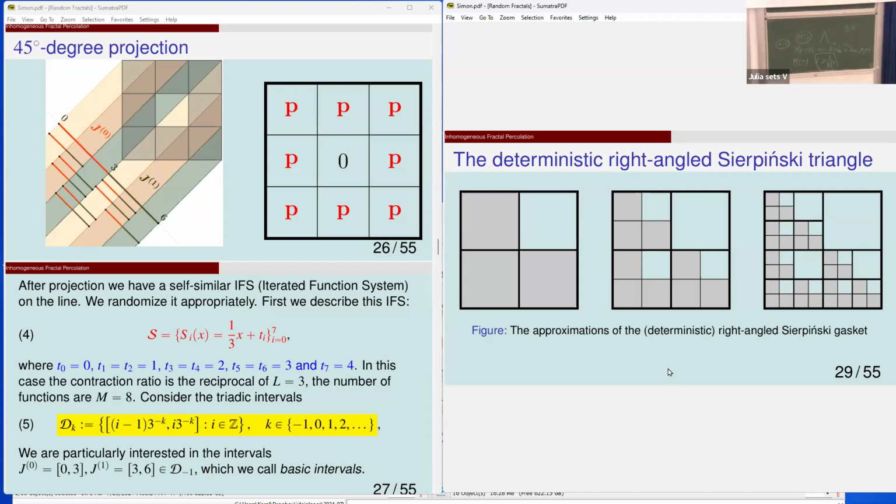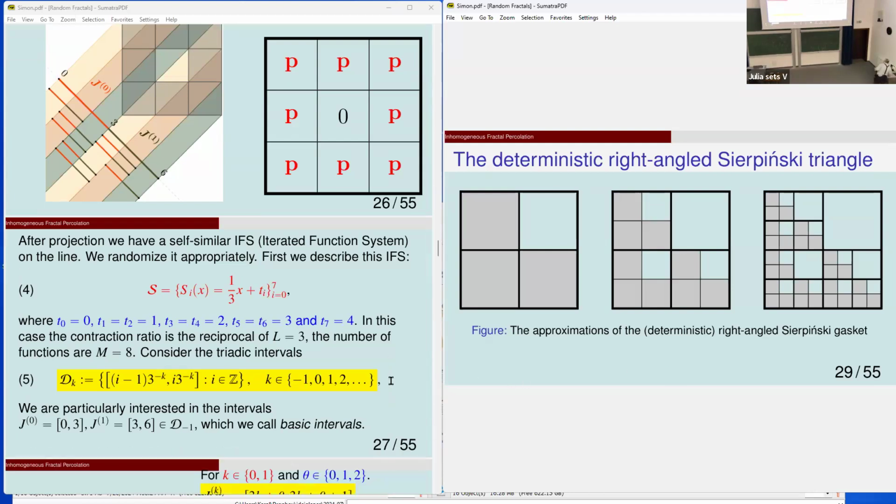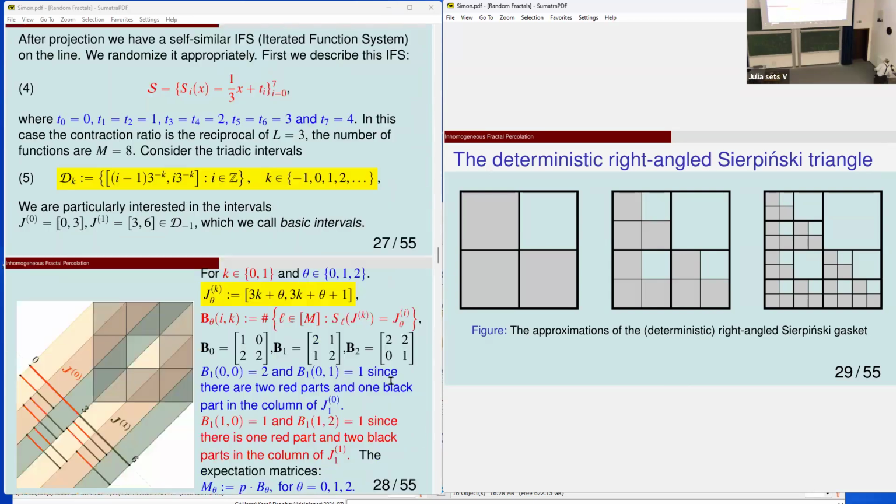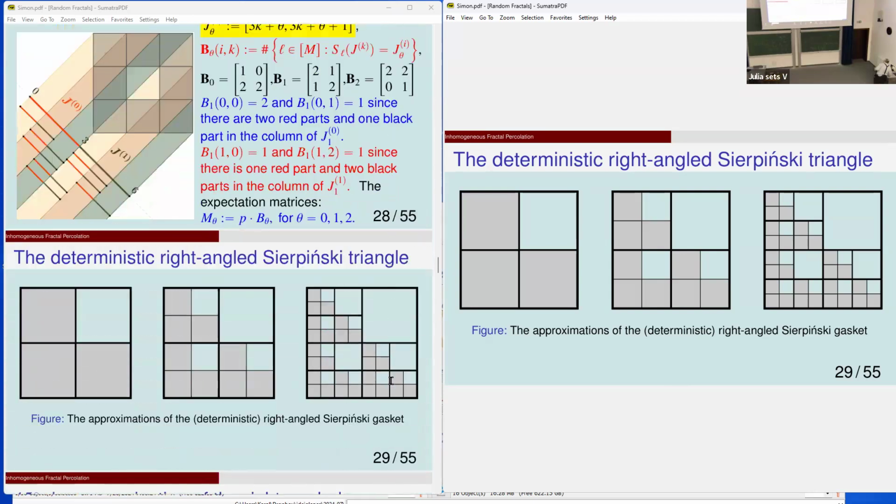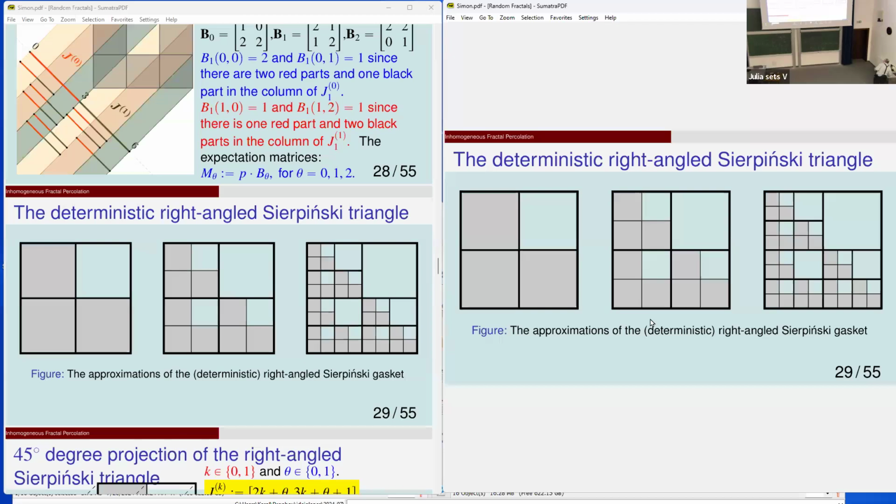Here we kill the top right corner always, and on the remaining ones we just run the same process which provided us with the Mandelbrot calculation. And then in this situation we would like to find out what the matrices are.